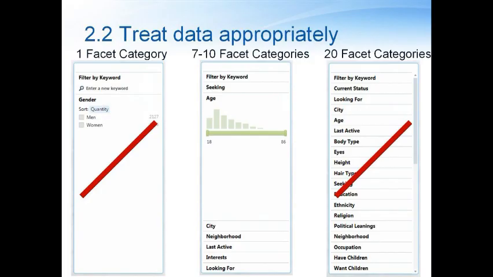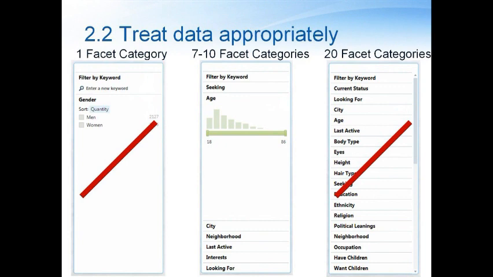So if you're looking for someone who's between the ages of 25 and 35, living in Seattle, with brown eyes and brown hair, leans left, goes to church, has children but doesn't want children, you're probably not going to find them in this collection, and you're probably not going to find them in life.